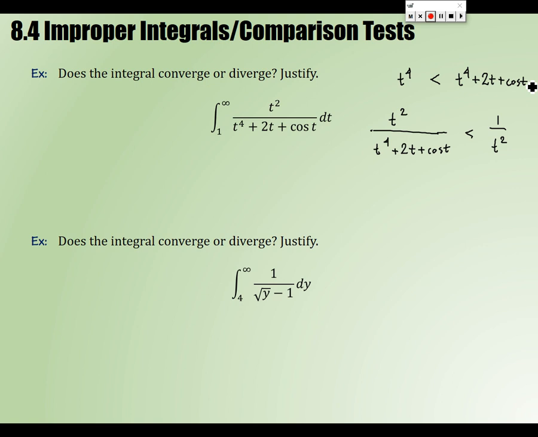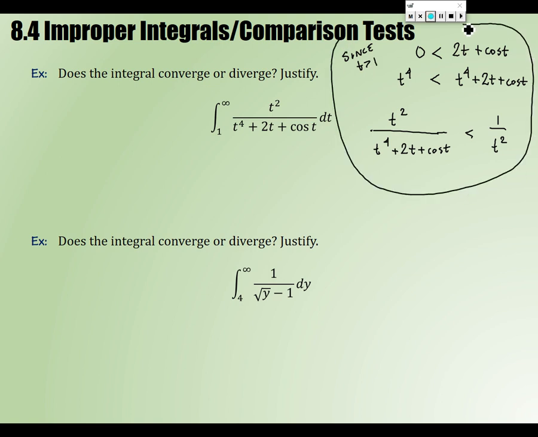Is that obvious? Maybe that's already obvious, right? Isn't 2t plus cosine t, if t is greater than 1, always positive? So I don't think we need to include this in our final argument, maybe, but I just want to convince us off to the side here that we are right.